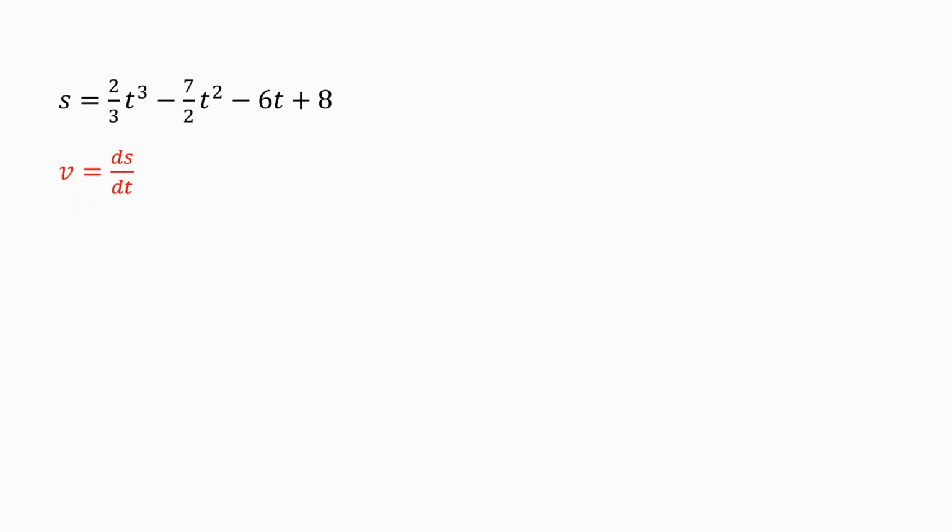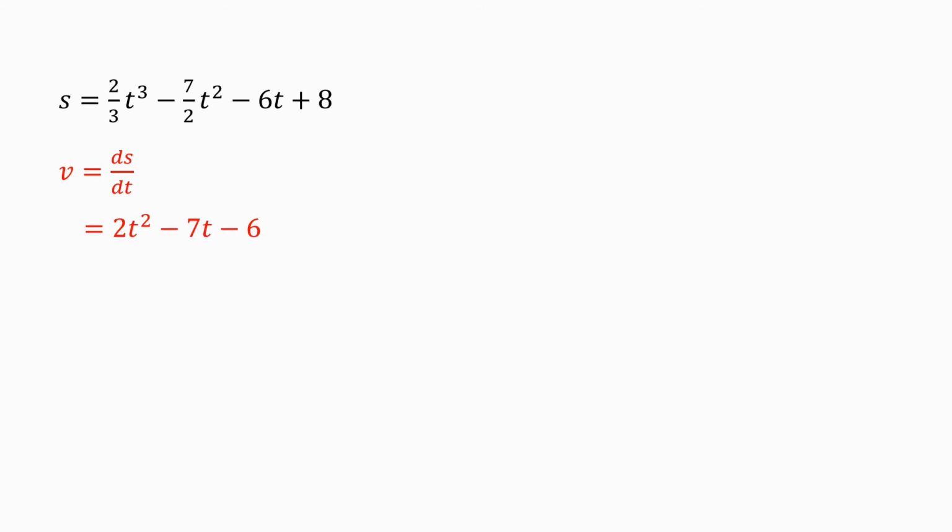And to differentiate, you multiply the coefficient of the variable times its power, and then you subtract the power by 1. So this will be 3 times 2 over 3, which is 2.